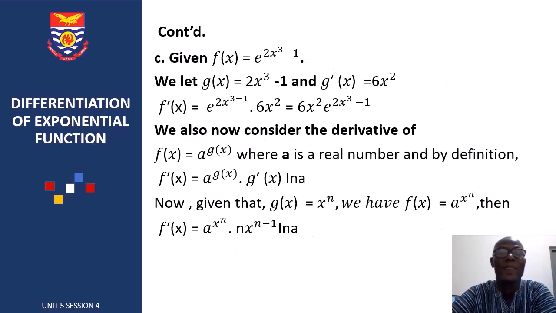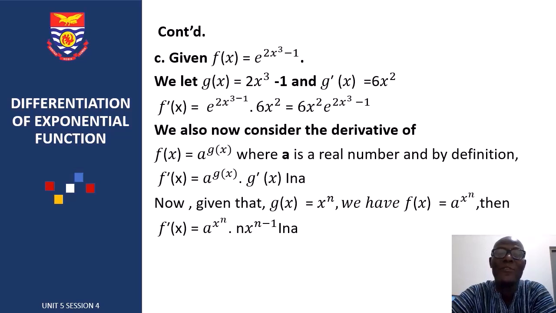For C, that is f of x is equal to e exponent 2x exponent 3 minus 1. We find the derivative of this exponential function by letting g be 2x exponent 3 minus 1. Now, differentiating g with respect to x gives 6x squared.